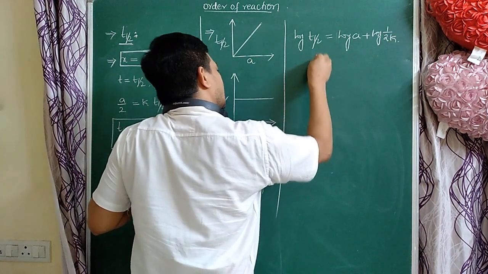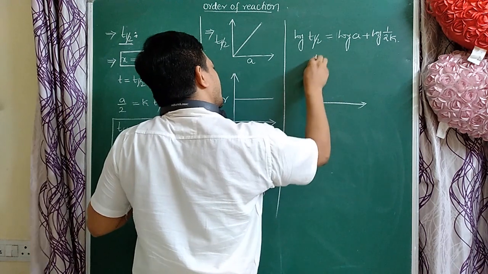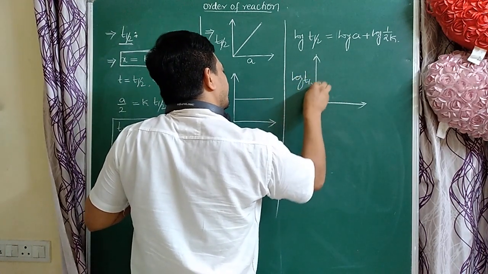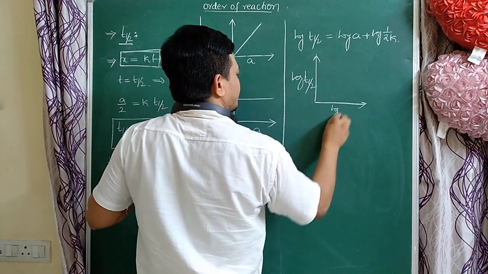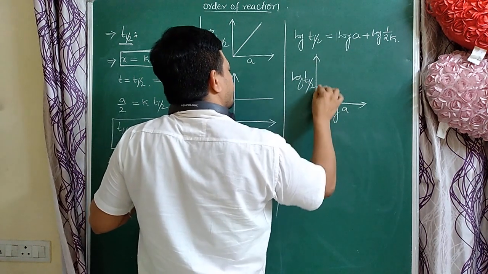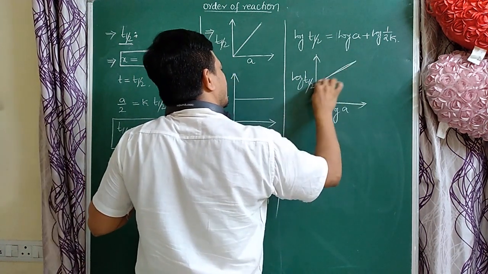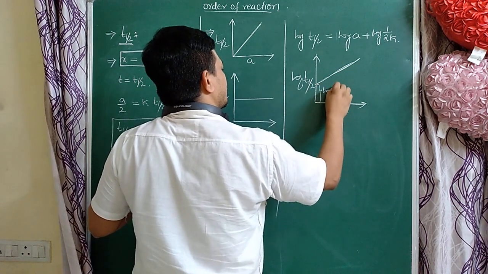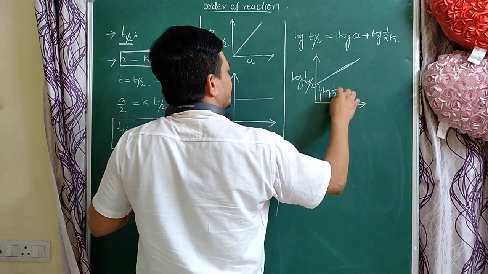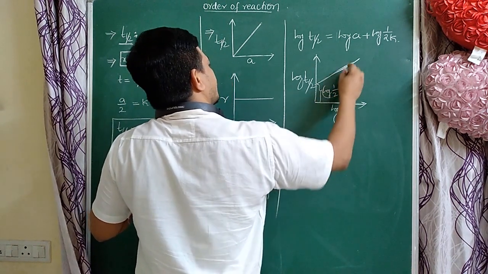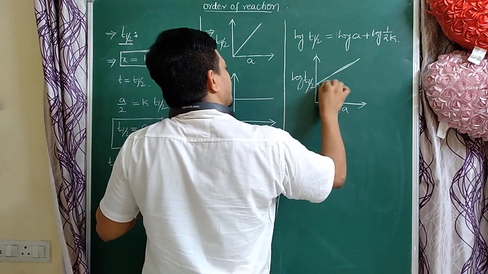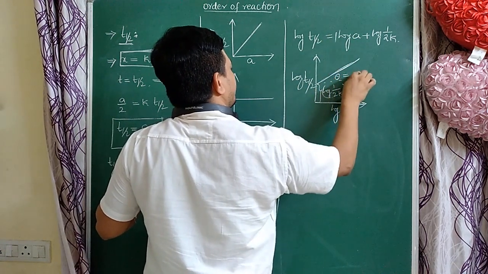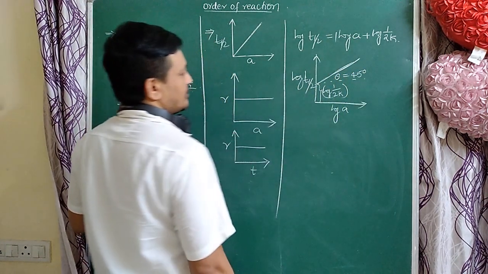So take the graph between log t-half and log a. So y equals mx plus b. See, positive slope, positive intercept. Here the positive intercept equals log 1 by 2k, and the slope is 1. Slope is 1 means theta equals 45, tan 45 equals 1.